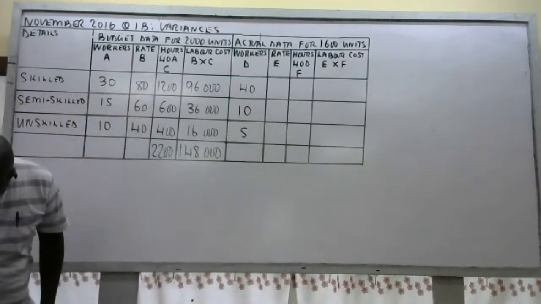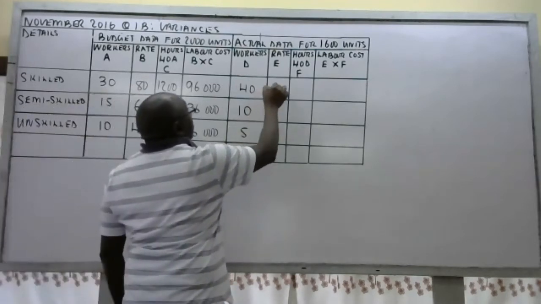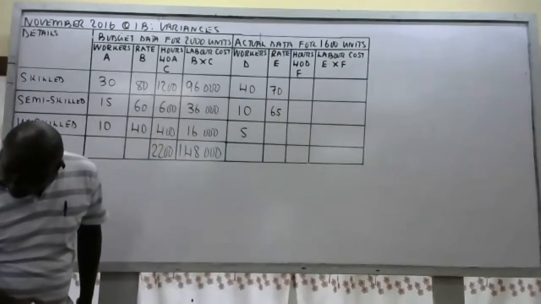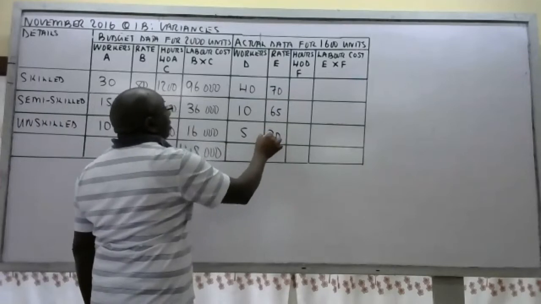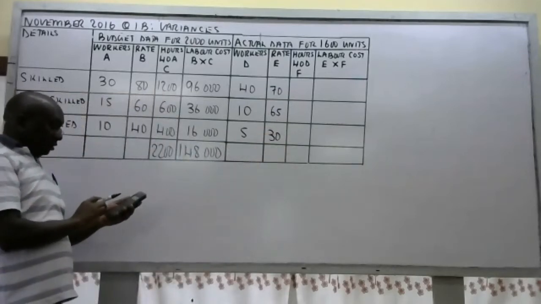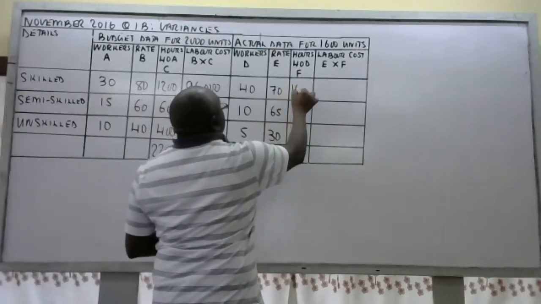And the rate is 70, 65, and 30. So if you say 40 times 40, that is 1,600.